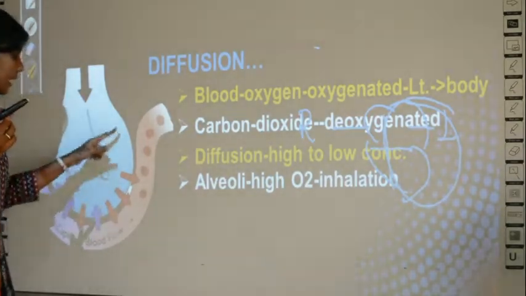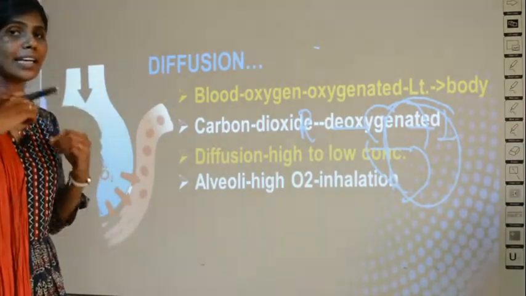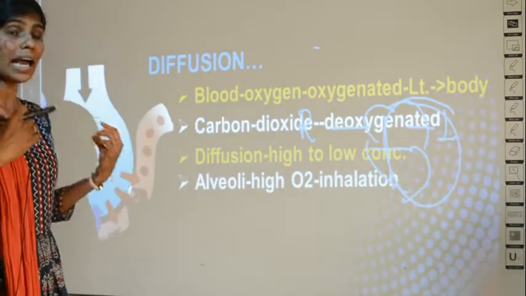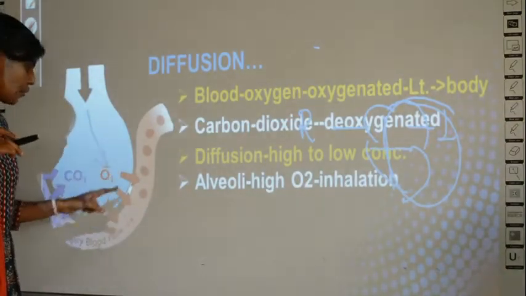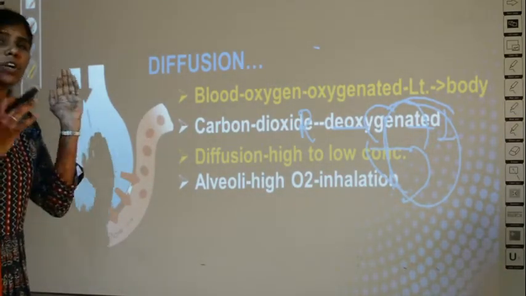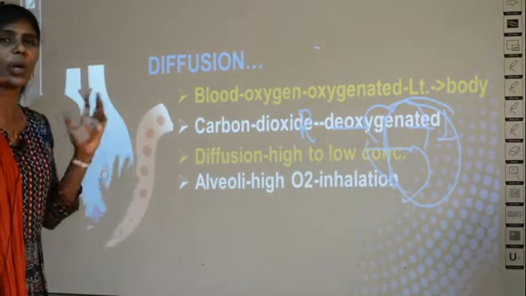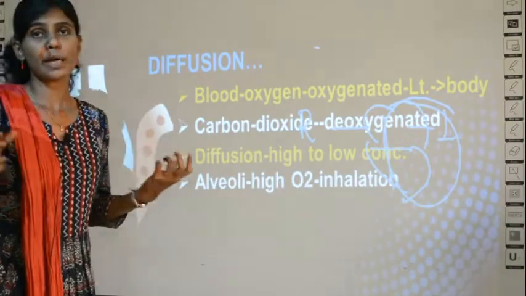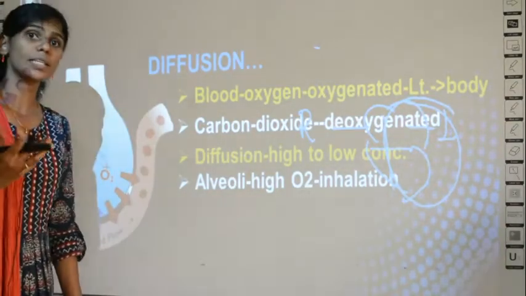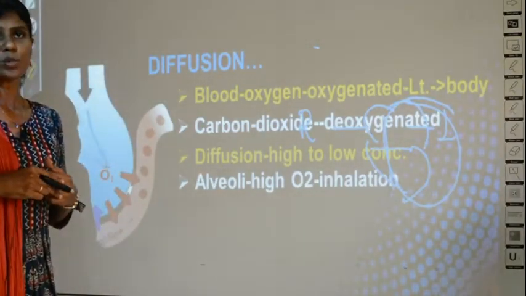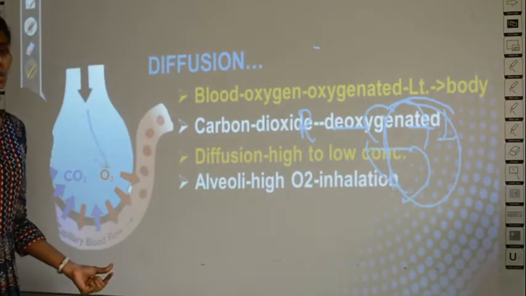Where is it high? It is high in the alveoli, because when you take in the air, it directly goes into the lungs where alveoli is present. That's why alveoli is called air pockets. So now alveoli has high concentration of oxygen, whereas the blood capillaries, which have already flowed through all parts of your body, have low concentration of oxygen, because all your body cells have already used the oxygen. So now this blood capillary has low oxygen concentration.